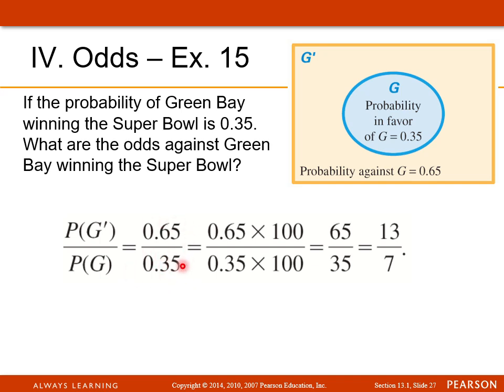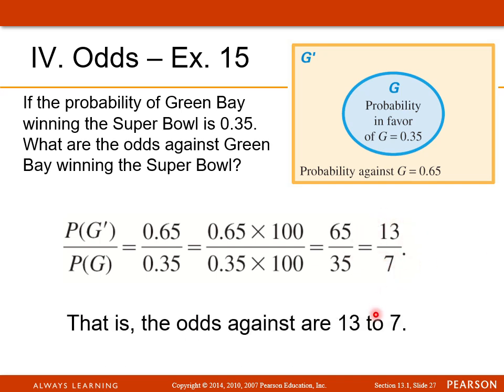Okay, if you type this right here, the Casio calculator will actually do this math for you and simplify it. Okay, some other calculators give you an error message if you put decimals in your fractions, but the Casio can simplify that for you to give you the 13 to 7. So that would be your odds. You have a 13 to 7 odds against Green Bay winning the Super Bowl.